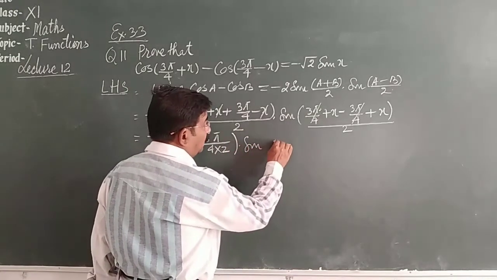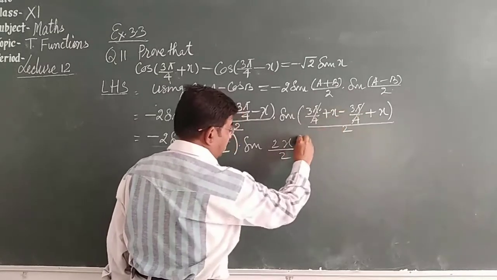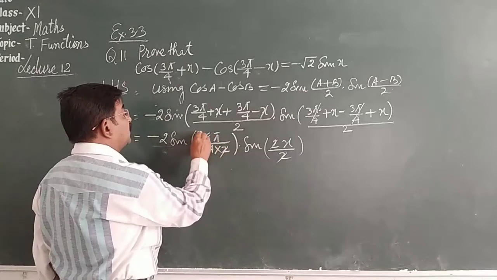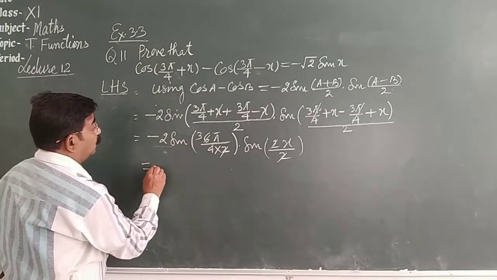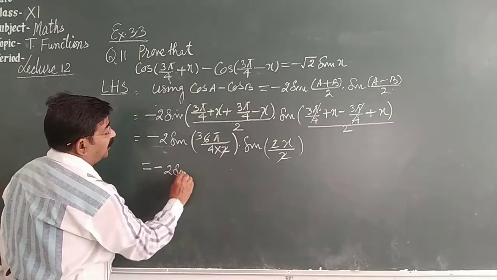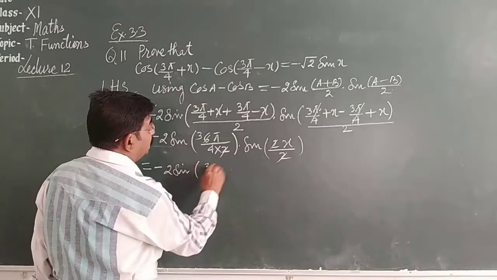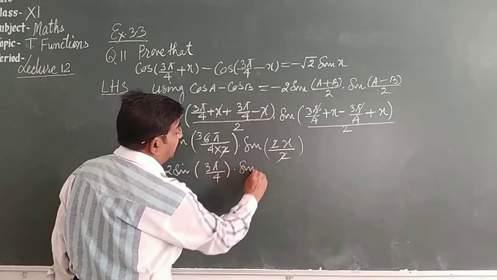Sin 2x upon 2, x plus x. This will go. See, 2 3s are 6. So what we have? Minus 2 sin 3 pi by 4 into sin x.